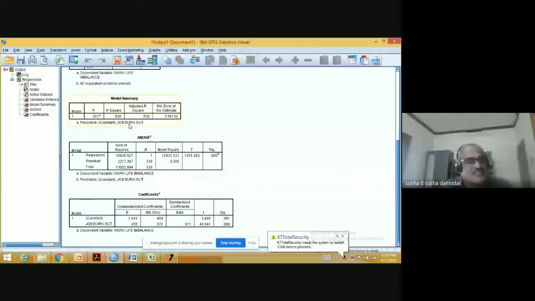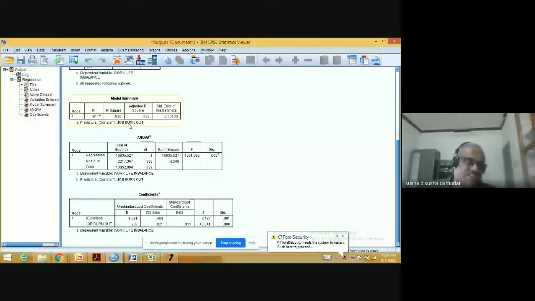Then we observe whether the ANOVA is significant or not. And finally, we interpret the result with the beta coefficient, positive beta coefficient. So this is the application of regression, and the researcher must be very careful at what stage the statistical techniques are to be applied.